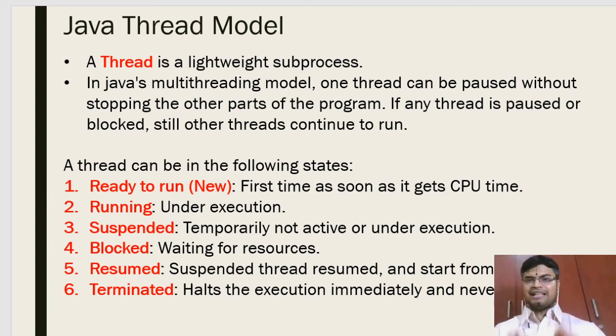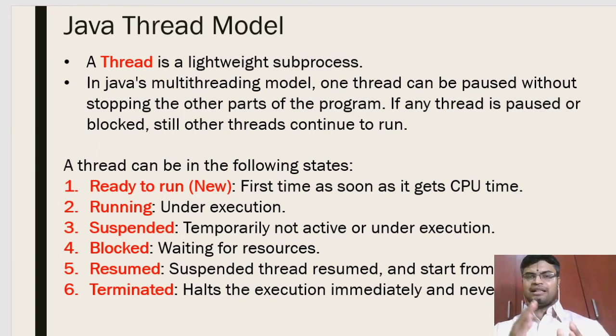Suspended means it has not completely stopped executing. It is waiting for something to happen. It is temporarily out of service, or not working temporarily. Next, we can also have something called the blocked state. The blocked state is mainly used when the thread is waiting for some resource. So when the thread is waiting for some resource, it is in the blocked state.